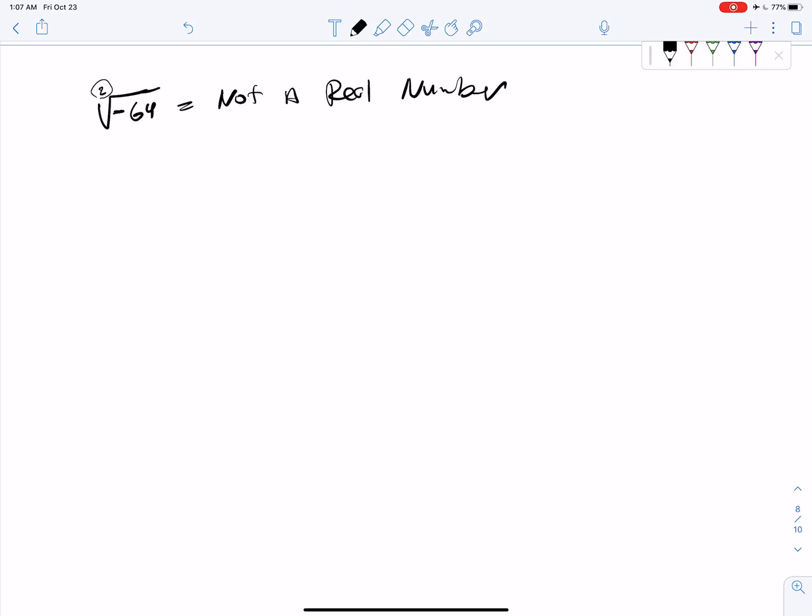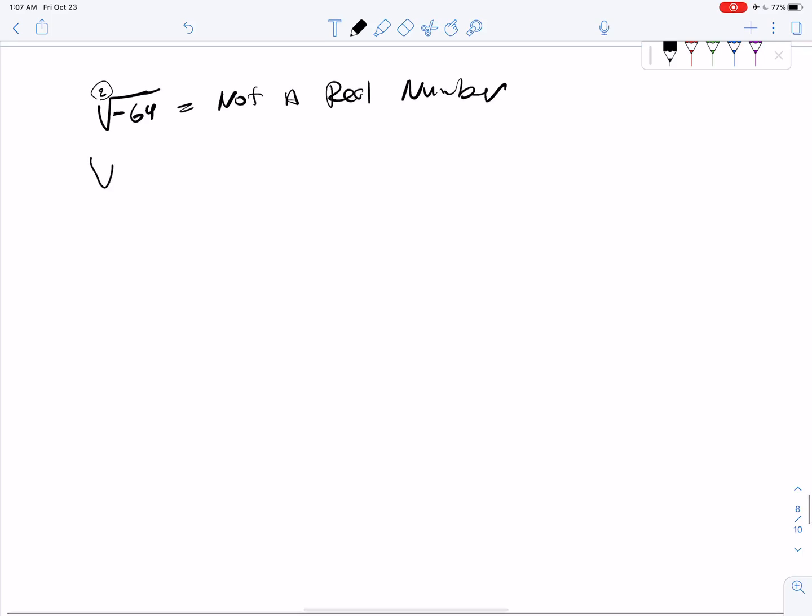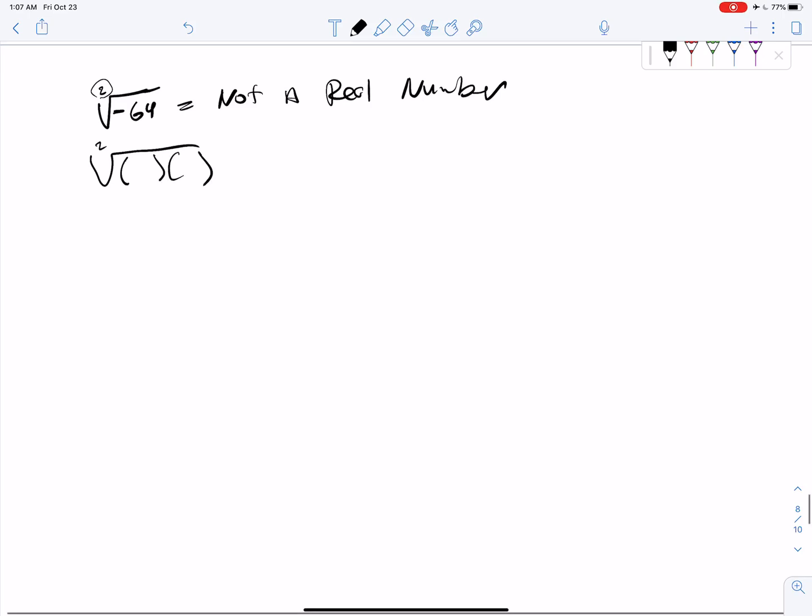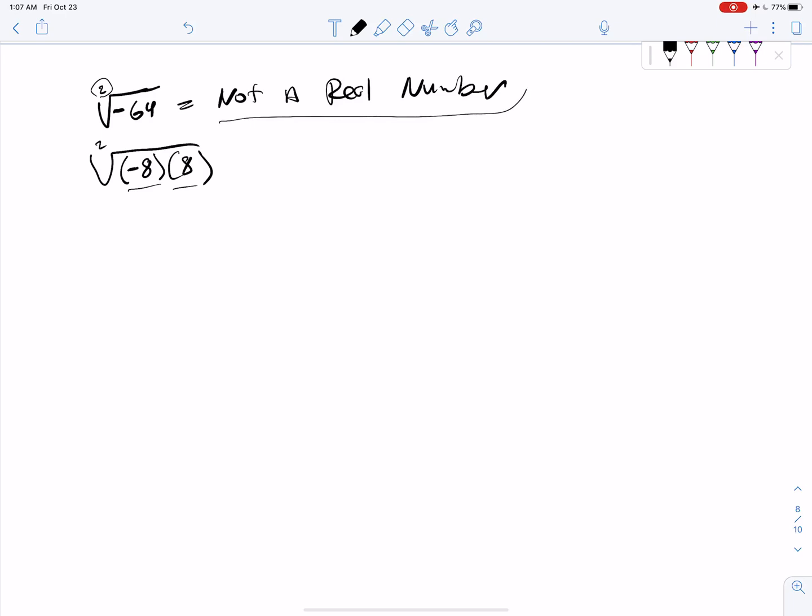To make sense of that in your head, I'm looking for a perfect square, which would be something times something. In order to get a negative under the radical, one of them would have to be negative and one positive, and there's no way we can make them a perfect square. And so this turns out to be not a real number.